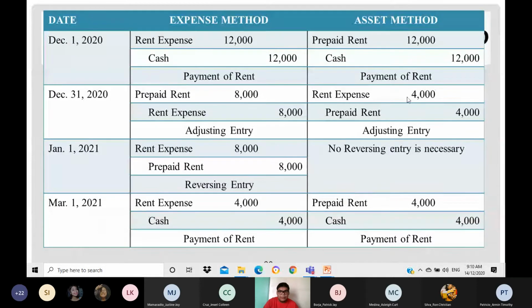Under the asset method, on the other hand, payment for rent is consistently debited to prepaid rent. The difference is the method with adjustment at year-end: you only make the adjustment at year-end but you have no reversal.